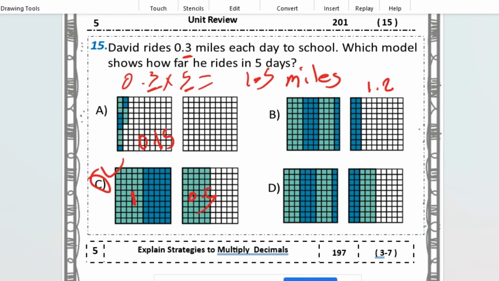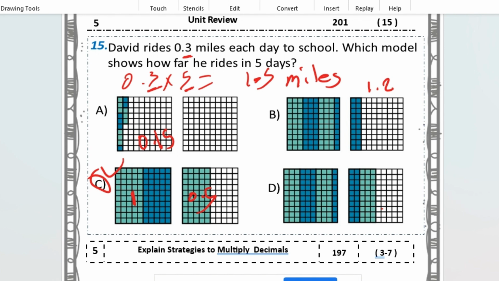This one is what? This is 1, 2, 3, 4, 5, 6, 7, 8, 9. This is 1, 2, 3, 4, 5, 6. 1, 2, 3, 4, 5.